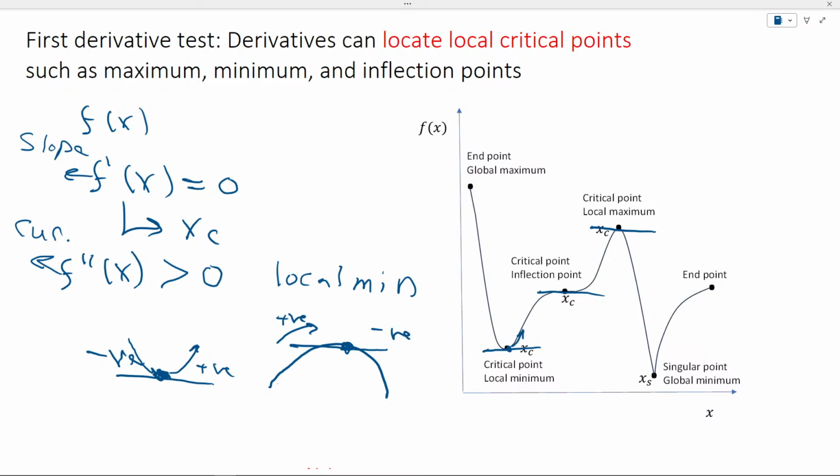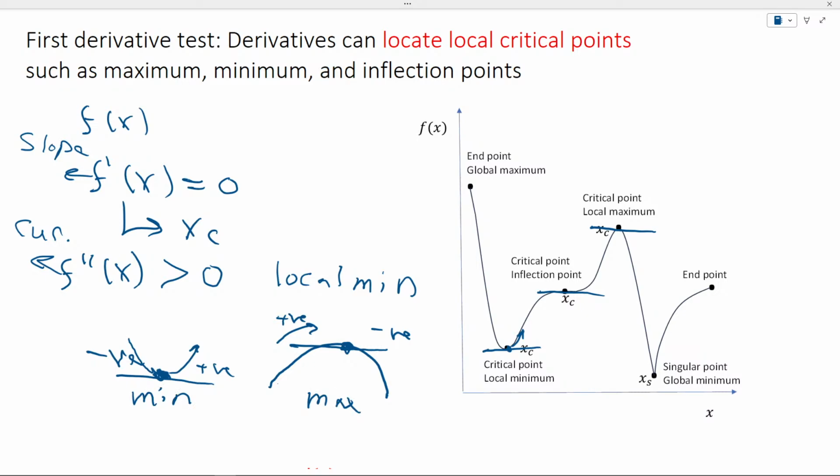So it's concaving down, and this would be a local maximum. When it concaves up like this, that's a minimum, and that is a maximum.